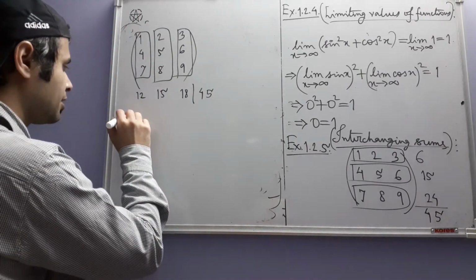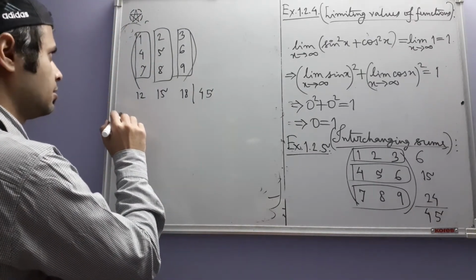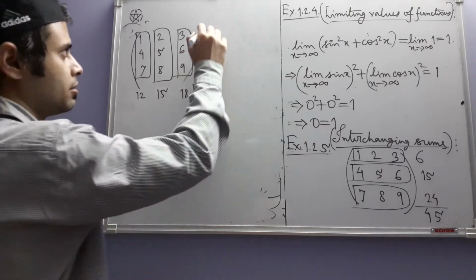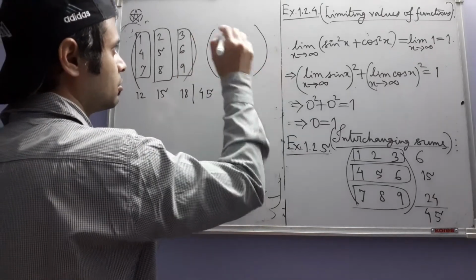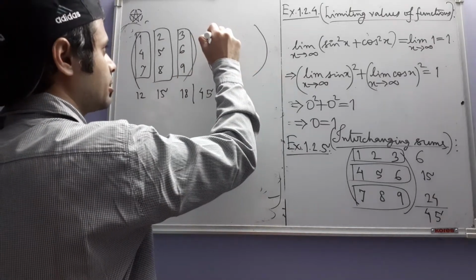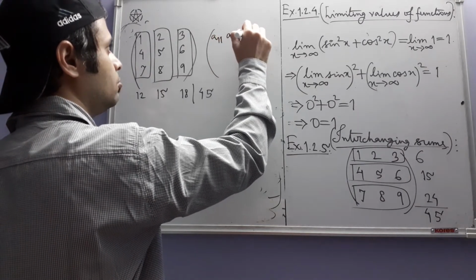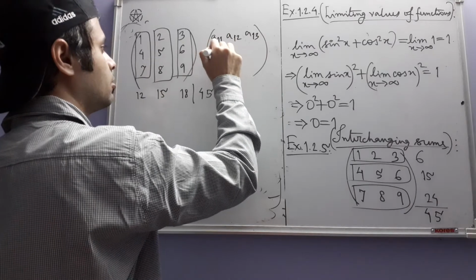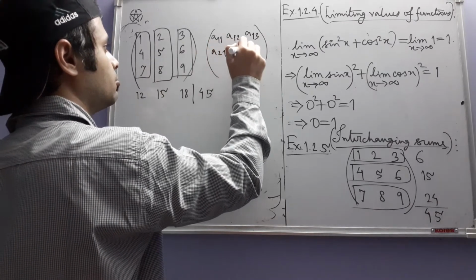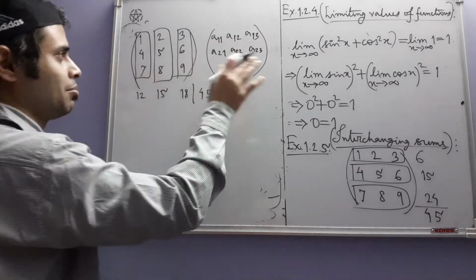Say if we have an m by n matrix, for example, I can denote this matrix like this: A11, A12, A13, A21, A22, A23. These are the numbers, okay?